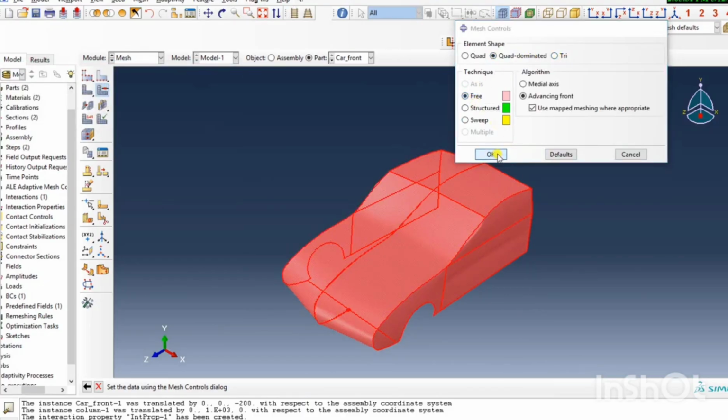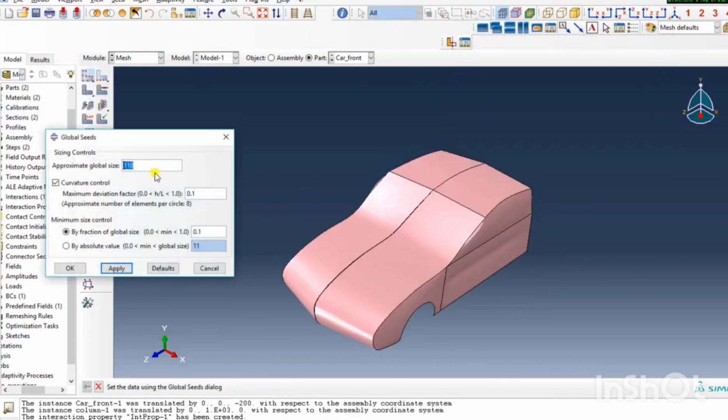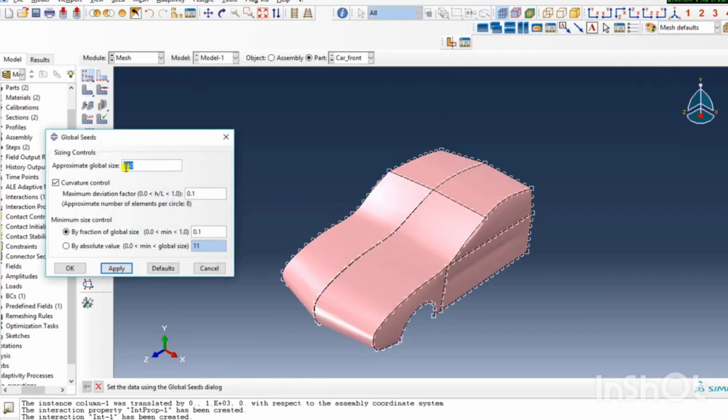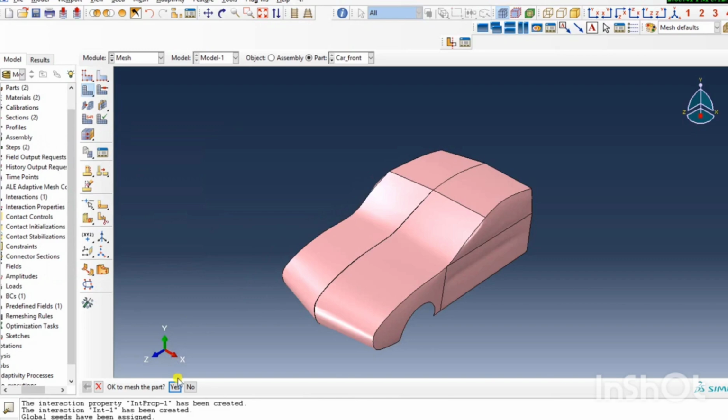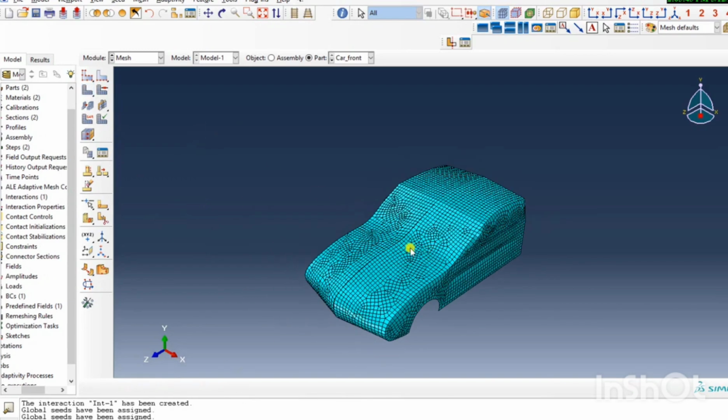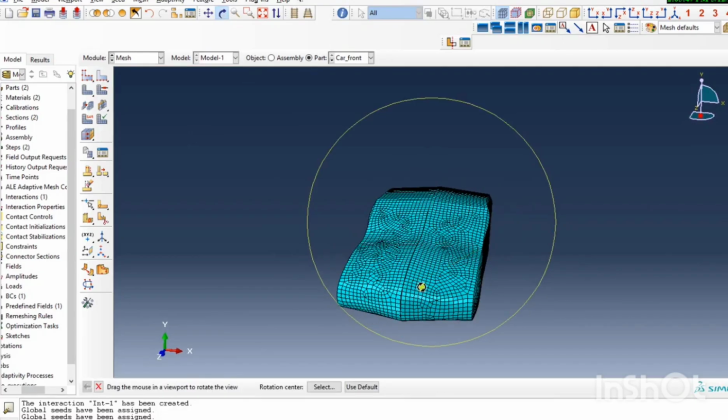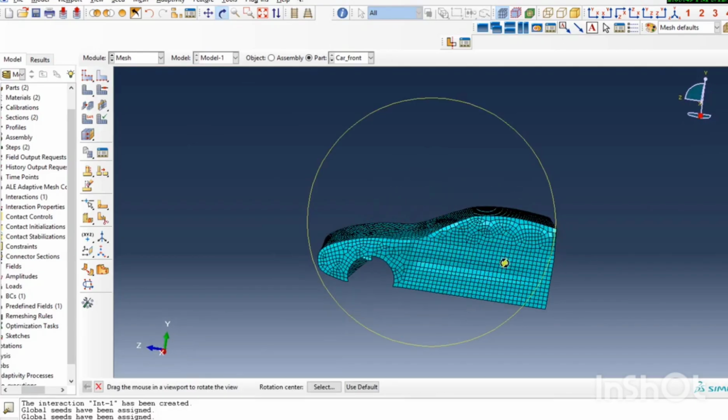As material definition is critical in car crash simulations, the structural components are modeled using elastic-plastic material behavior with isotropic hardening.